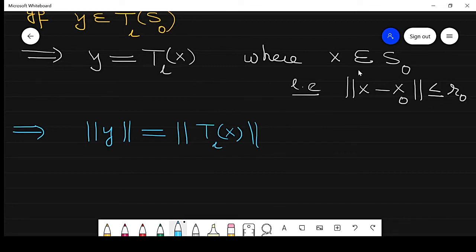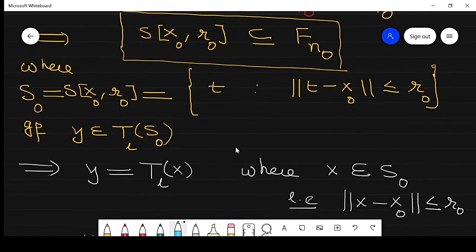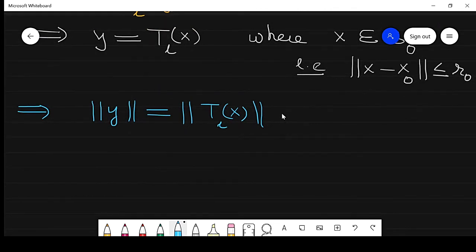If x belongs to S0, then x belongs to Fn0, because S0 is a subset of Fn0. At that place, norm of Ti x is less than or equal to N0. So remember that.